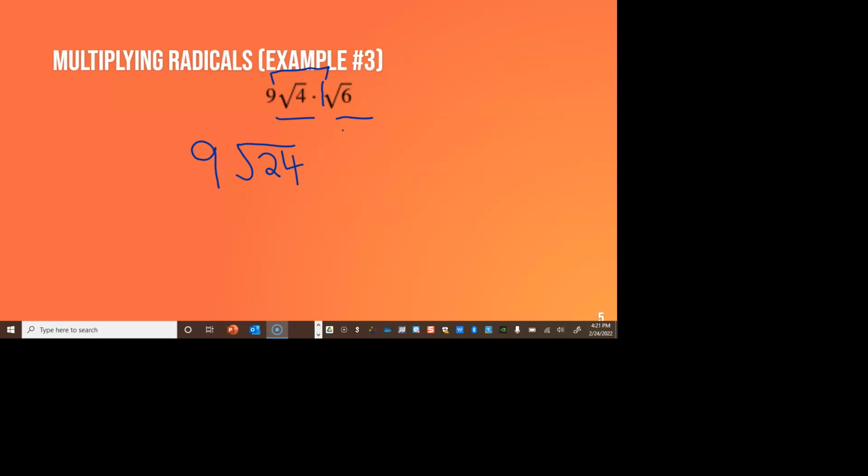Now we want to check to see if 24 can be simplified. Two numbers that you can multiply to get 24 are 12 times 2. And two numbers you can multiply to get 12 are 4 times 3.